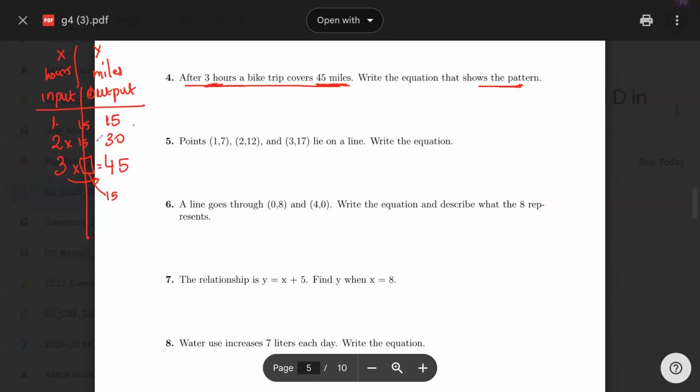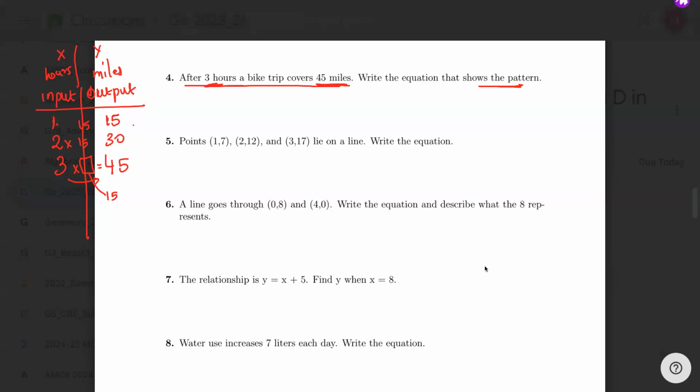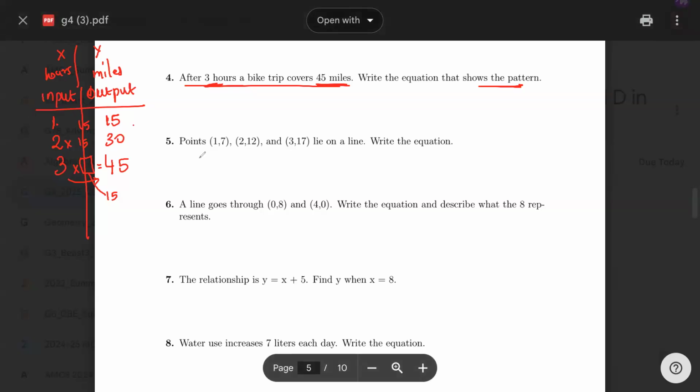So how will you write the equation now? Y equals 15x. Good job. Is it proportional relationship or non-proportional? It's proportional. Very nice.